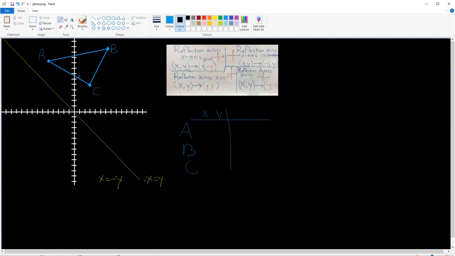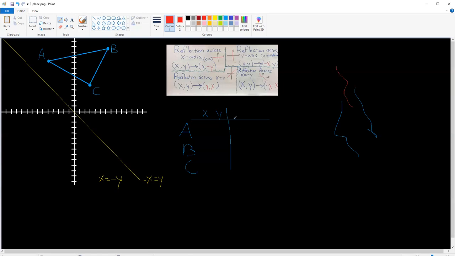And then whatever your A, B, C reflection is going to be, we're going to make it red, because red shows up pretty good.